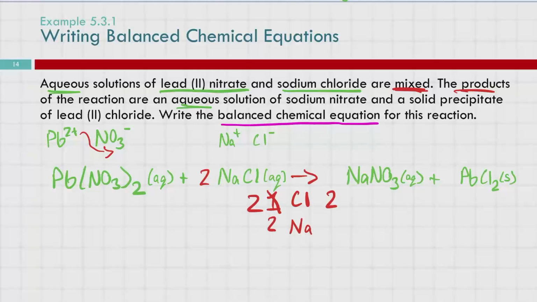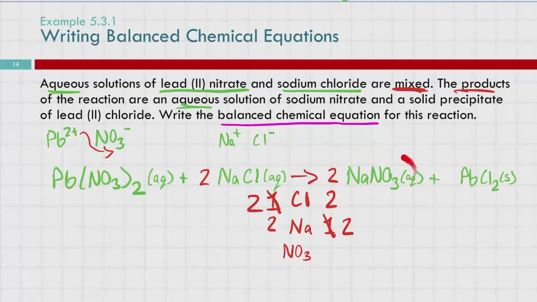So we have 2 sodiums now on the reactant side. We've only got 1 on the product side. So we're going to need a coefficient of 2 in front of our NaNO3. And when we do that, we've balanced our sodium, but we've also changed our NO3, our nitrate. So we'll balance nitrate next.